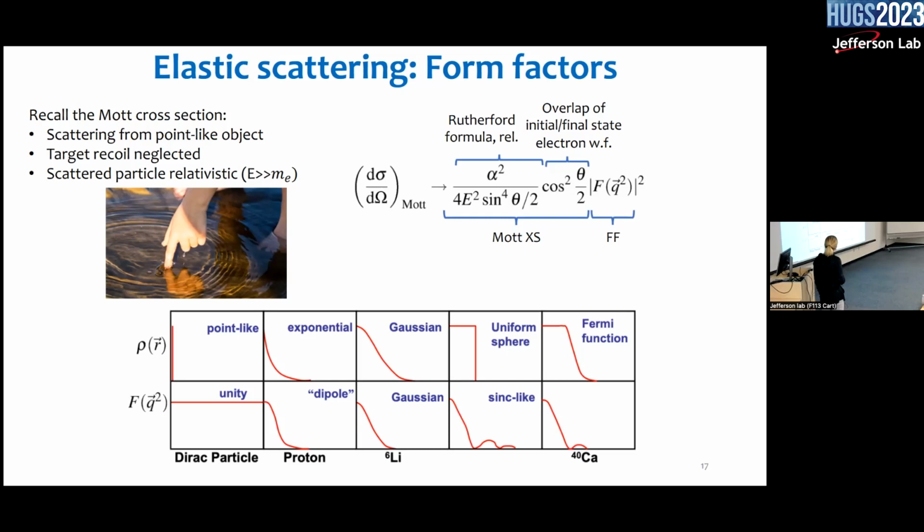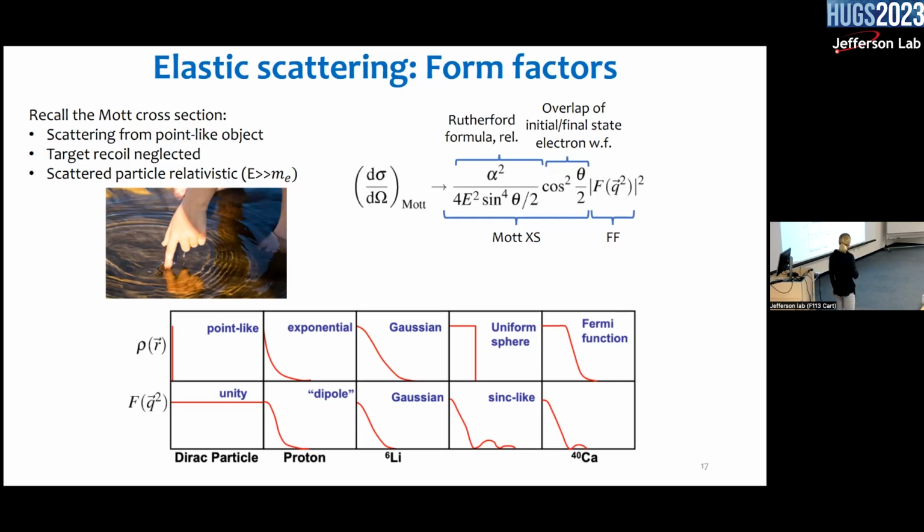And so if you consider that it's point-like, then the form factor is just 1. Okay, so that's why, well, we'll come back to that. So if it's exponential, then you can say it kind of behaves as a dipole. So this is a good description that we use a lot of times to make comparisons to, how the proton's different from a dipole. And then there's other different functions, right?